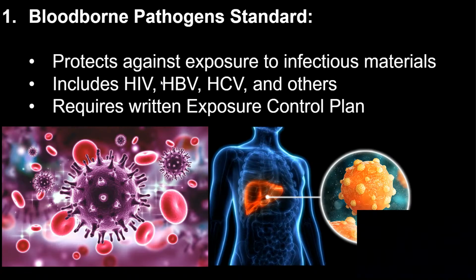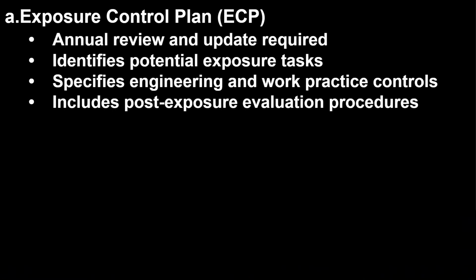The viruses that we worry about are HIV, hepatitis B, hepatitis C, and other viruses. And it requires a written exposure control plan. We're going to go a little bit deeper as we talk about this. Sometimes this language can be really difficult if it's your first time learning this.